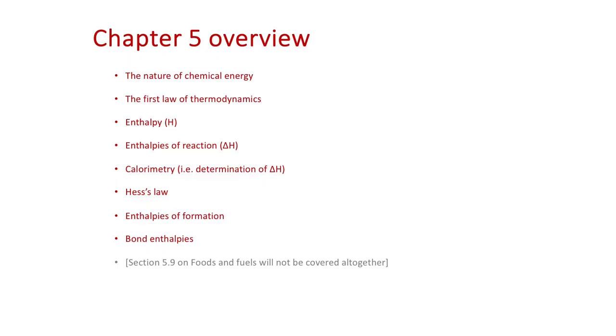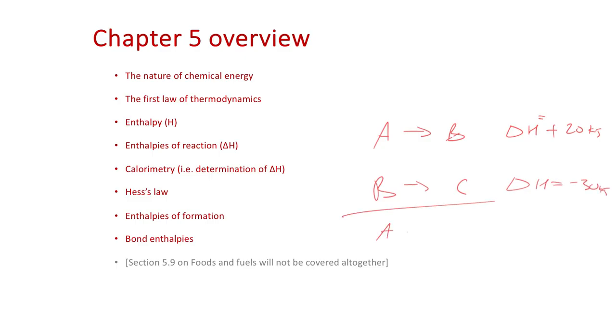Hess's law, you hopefully remember this, although we'll teach everything you need to know, but a lot of these things we've seen before. Hess's law is the one that says, if A to B has a delta H of plus 20 kJs, and B to C has a delta H of minus 30 kJs, then you can track A to C just by summing these two up.